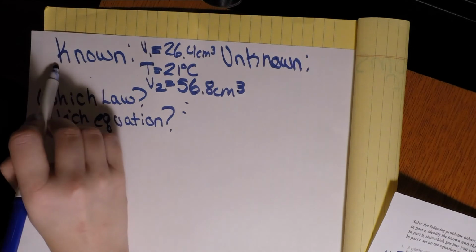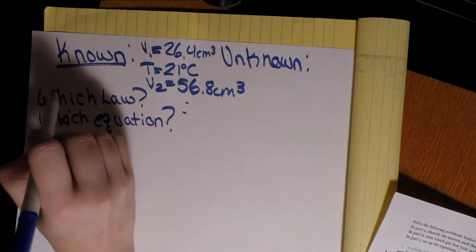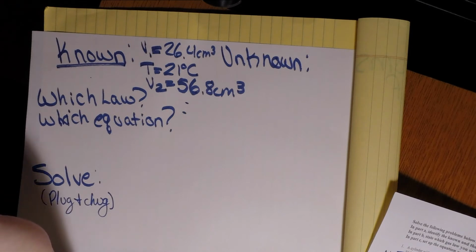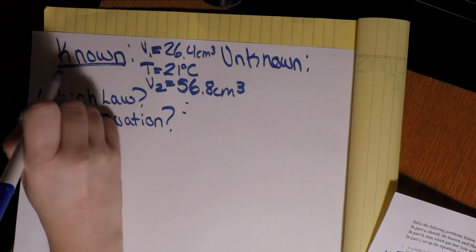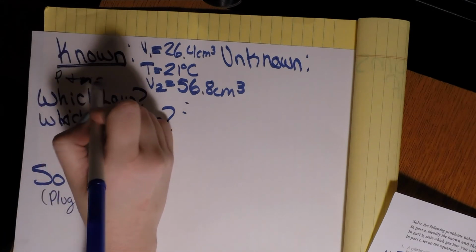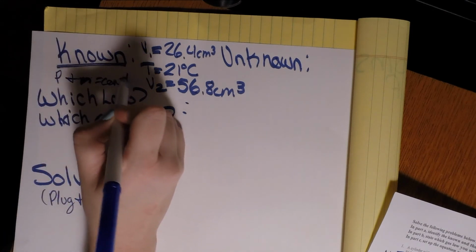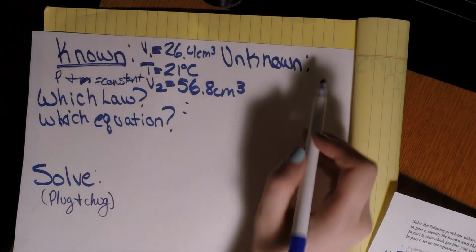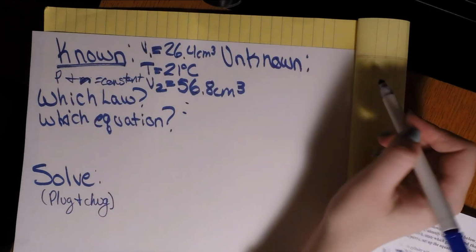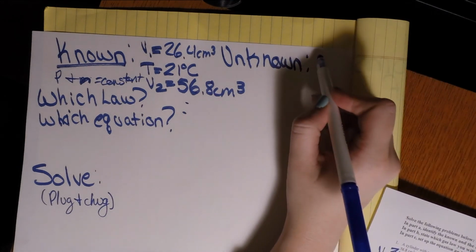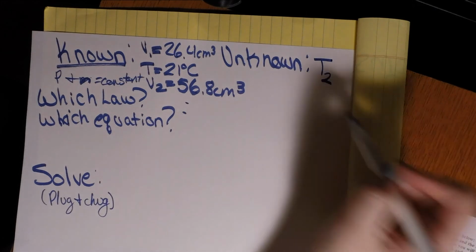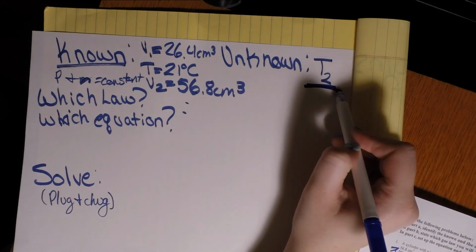And then under known, we can list our constants, and it's probably a good idea just to be thinking through what's constant. And so this is going to be pressure and moles equals constant. Then under unknown, we are going to have our temperature number 2. This is what we're solving for.